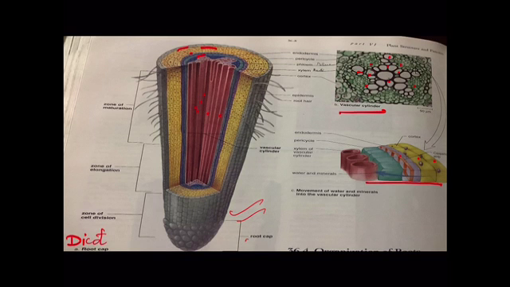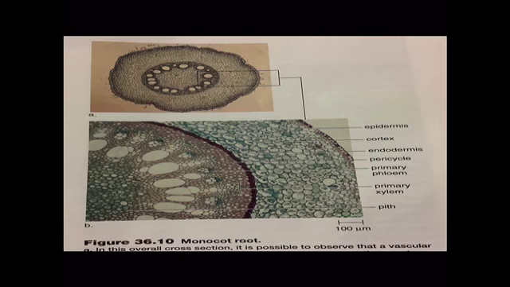Then pericycle, and after this pericycle there is the xylem cylinder. Vascular cylinders are present, and water and minerals are entering inside. So this is the movement of water and minerals into the vascular cylinder in the dicot root.